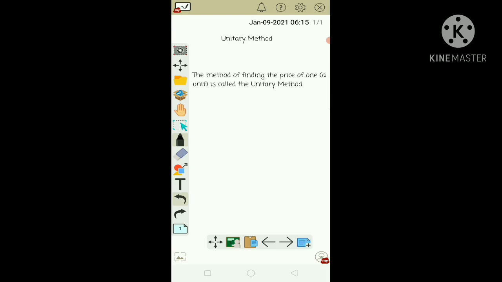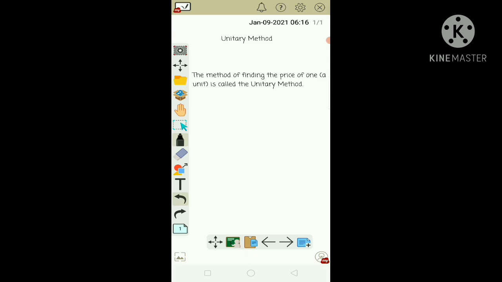It's very important. In this sum, mostly they are going to ask: find the cost of 10 shoes, find the cost of 20 chocolates, find the cost of things, whatever they may be, of the many things surrounding us.